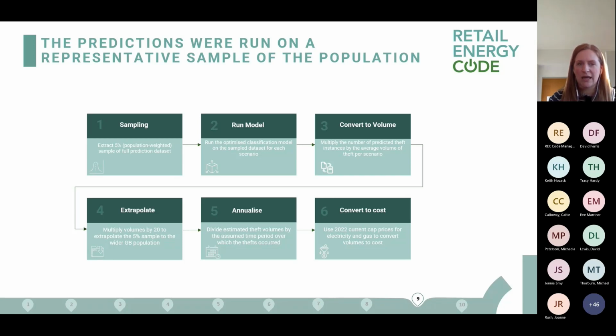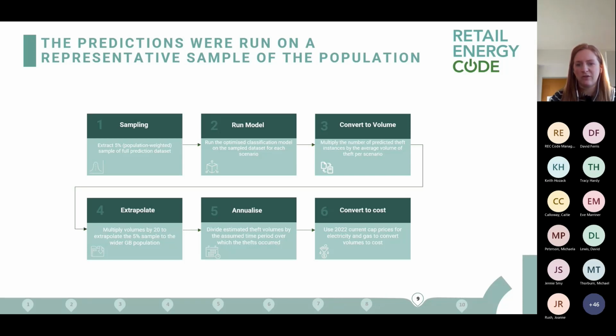Because of the way that we had used the predictive data from TRAS, we had more than a year's worth of outcomes within that. But we knew that not all of the thefts would occur within the same year, so we took an annualization approach. The TRAS data was over 7 years, but a lot of that data only really occurred within 3 to 4 years.